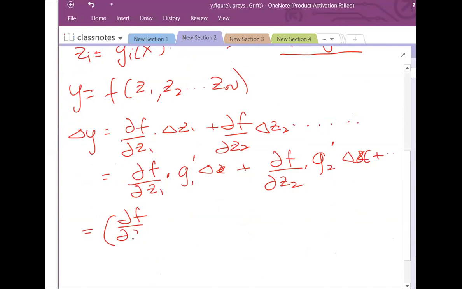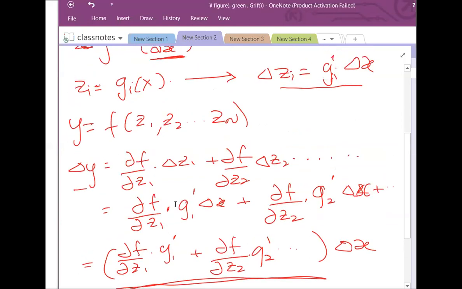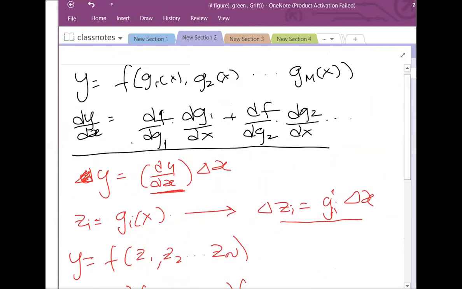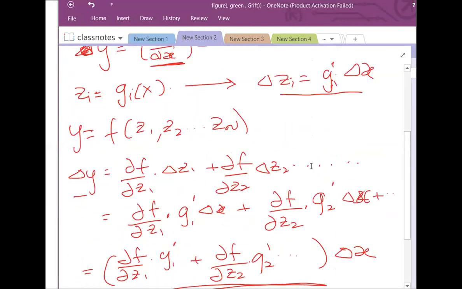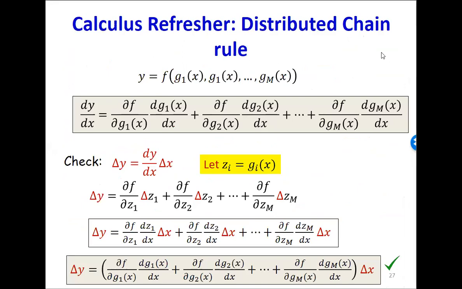Partial of f with respect to z1 times g1 prime plus partial of f with respect to z2 times g2 prime, the whole thing multiplied by delta x. And if you compare this term at the bottom with the formula that we had up here, you're going to see that they are the same formula, right? And so it follows that this property holds. We just sort of showed it.